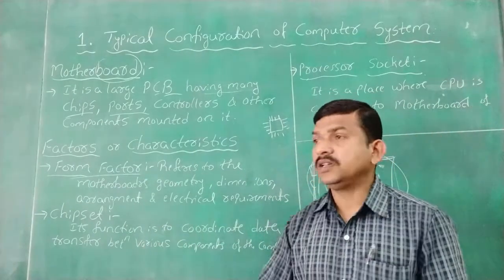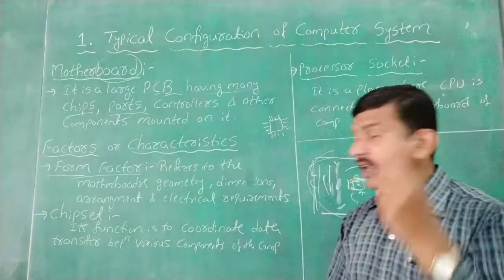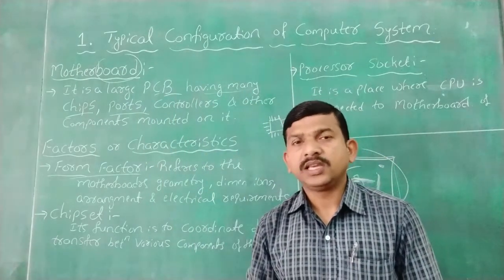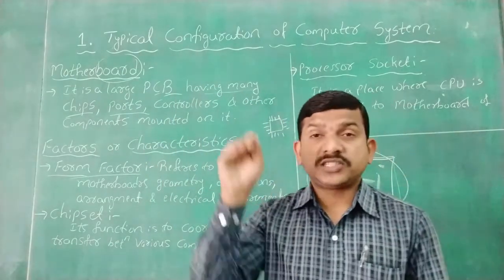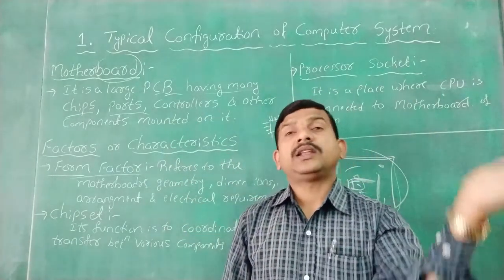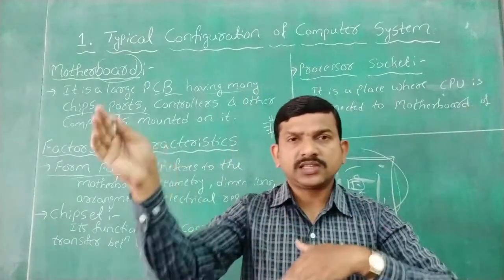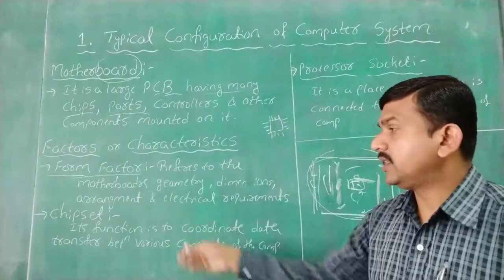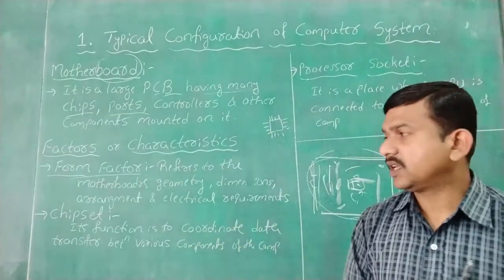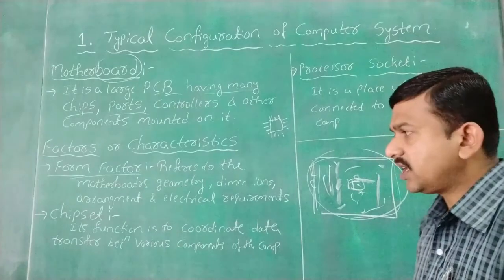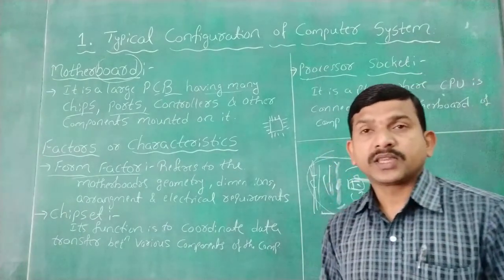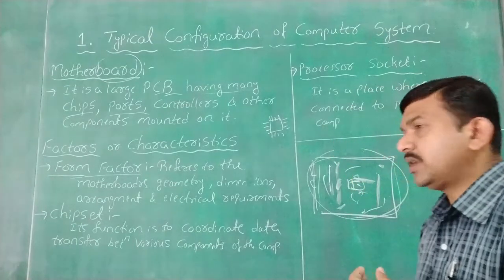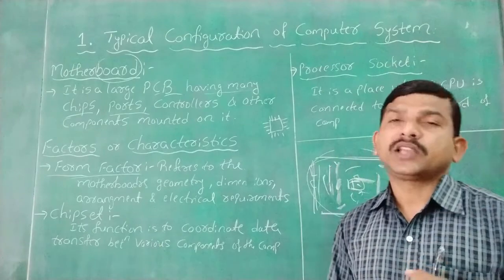So it controls or coordinates the data transfer between the various components. When we supply data in computers, it has to go first to one place, next somewhere else, and then the result has to be stored somewhere. So everything is moving, the data is moving from one place to another. Everything will be controlled or coordinated by this chipset. Is it clear? So the function of the chipset is to coordinate the data transfer between various components of the computer system.